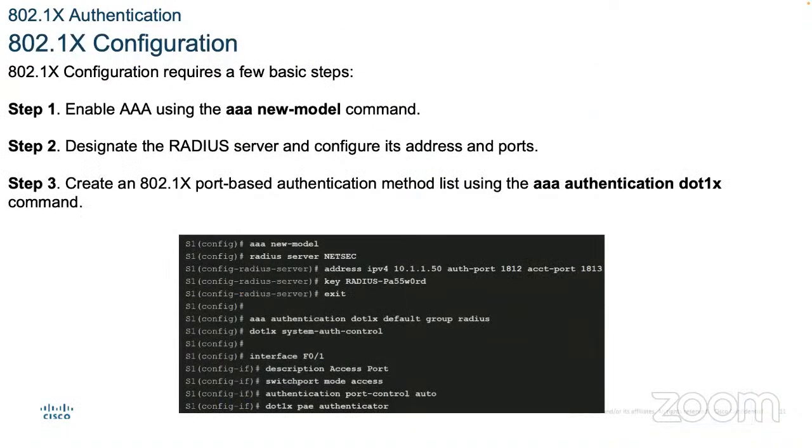If you want to enable 802.1X, and it is a good idea to enable it, you would make a new model. You would give it a name, give it a RADIUS server that it'll connect to, and say you want to use .1X.